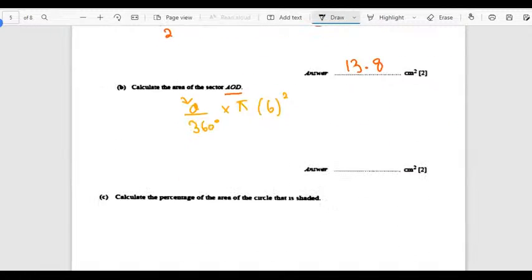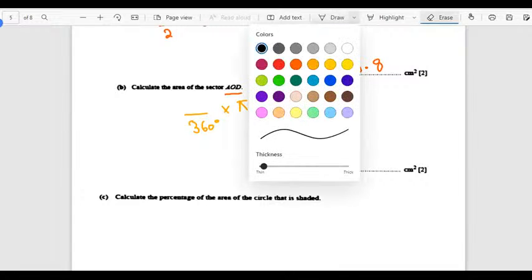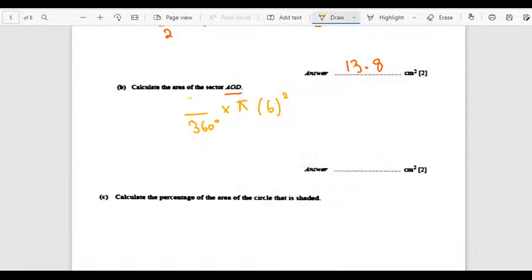Now we have everything, we just need to plug in the value of theta and we can just find it out. All right, so this is 50, and now I can just find it out directly. 50 into 36 pi divided by 360.